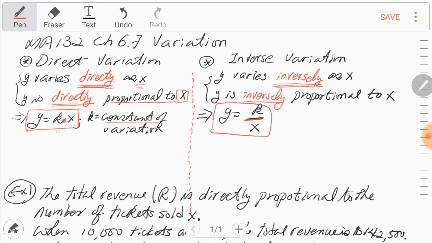And then for each equation, we have to find the constant of variation k. In order to find k, we have to know the values of x and y. The values of x and y are always given so that we can find k, the constant of variation.